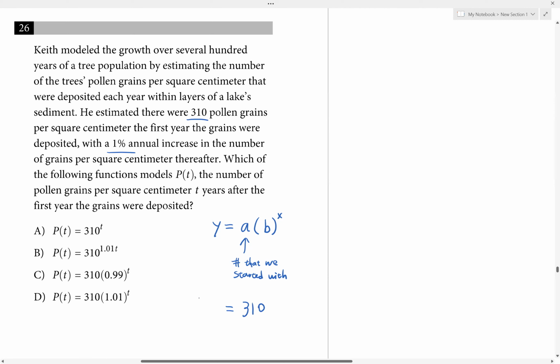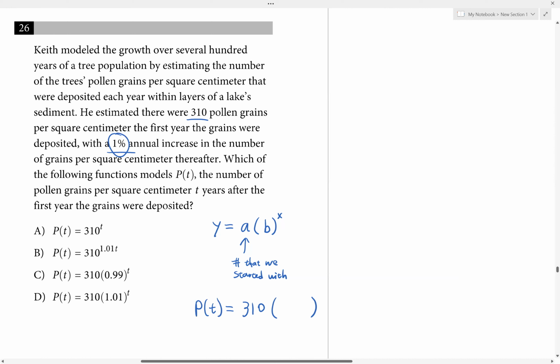Okay, and then y here, we'll just say this is P(t), same thing. P(t) is just function notation representing the y value. And then in the parentheses, this should be either the growth factor or the decay factor. So in this case, we have a 1% increase, but we cannot put 1% inside the parentheses, because 1% only represents the amount of increase.